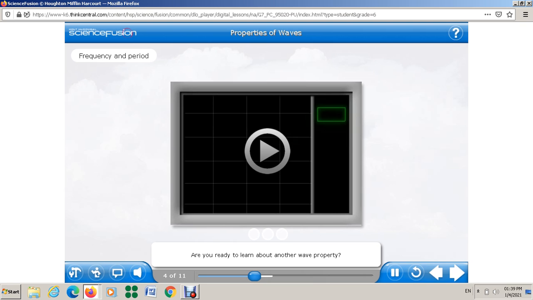Are you ready to learn about another wave property? Frequency is the number of waves produced in a given time. You can also think of frequency as a measure of the rate of vibration that caused the wave. Faster vibrations make waves with higher frequencies.